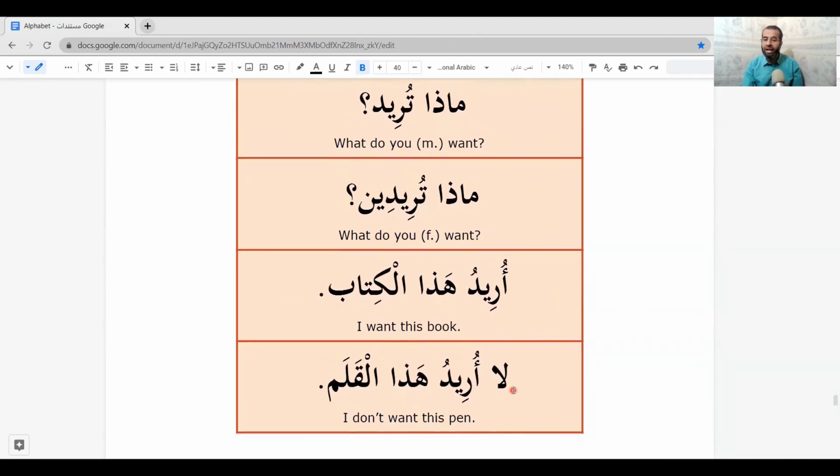So we use لا before أريد. It will be لا أريد هذا القلم. This word alone or separately will be القلم. But when we connect it with the previous one, this alif will be silent. So it will be هذا القلم. القلم is masculine, and الكتاب too. That's why we use هذا not هذه. So لا أريد هذا القلم.